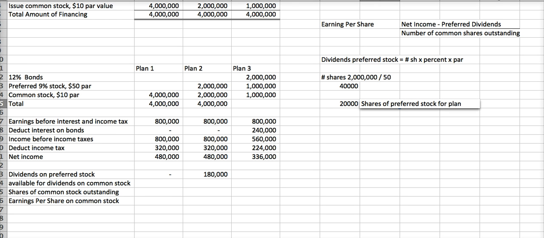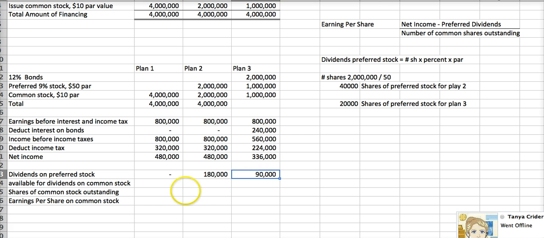And this is shares of preferred stock for Plan 2. All right, so coming down here, now we're going to say 20,000 times 9% times 50. And it's going to be half, which makes sense since here we had $2 million worth of preferred stock, and here we have half that at $1 million. All right, so our preferred dividends are now 90,000.